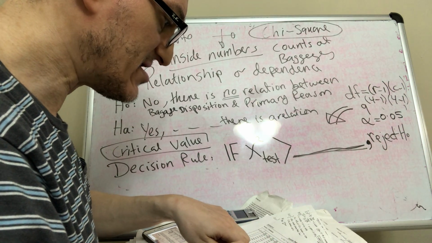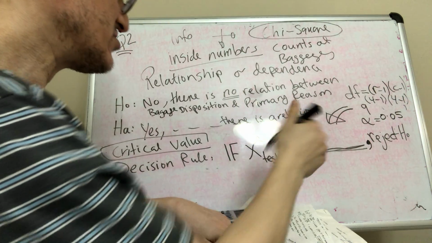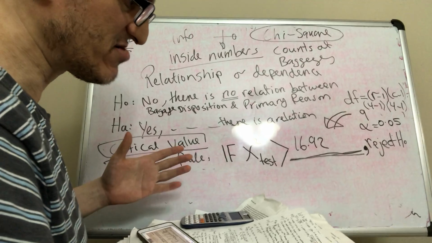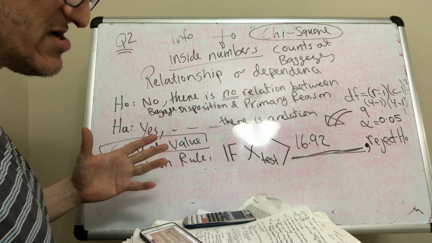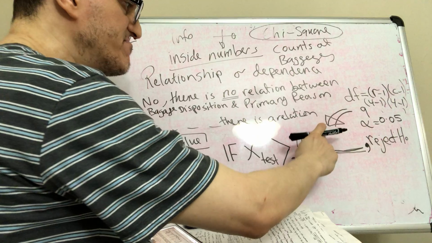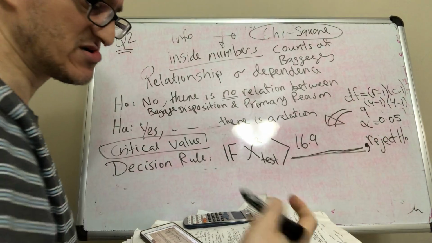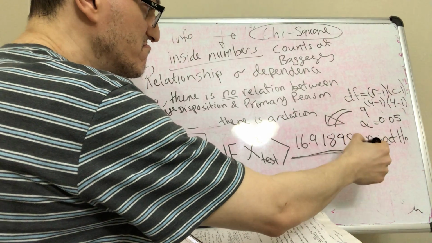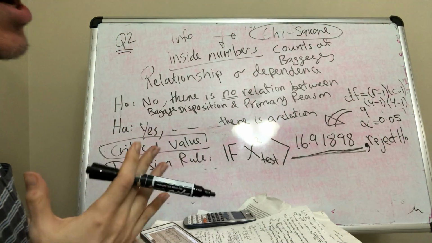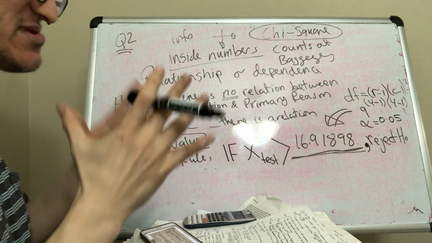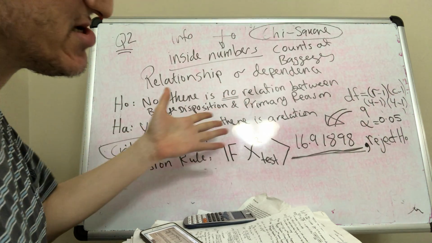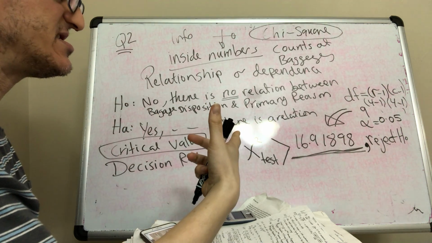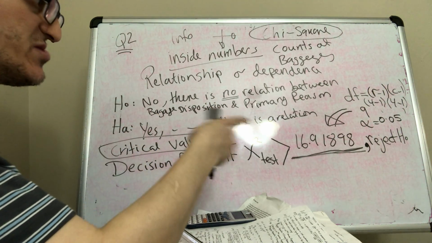In my table, it's 16.92. And your table might be a little bit different, maybe you'll see 16.91898 or something, because 16.92 is rounded to 2 decimal places. This is the most accurate number. So that would be the critical value that we get from the table.